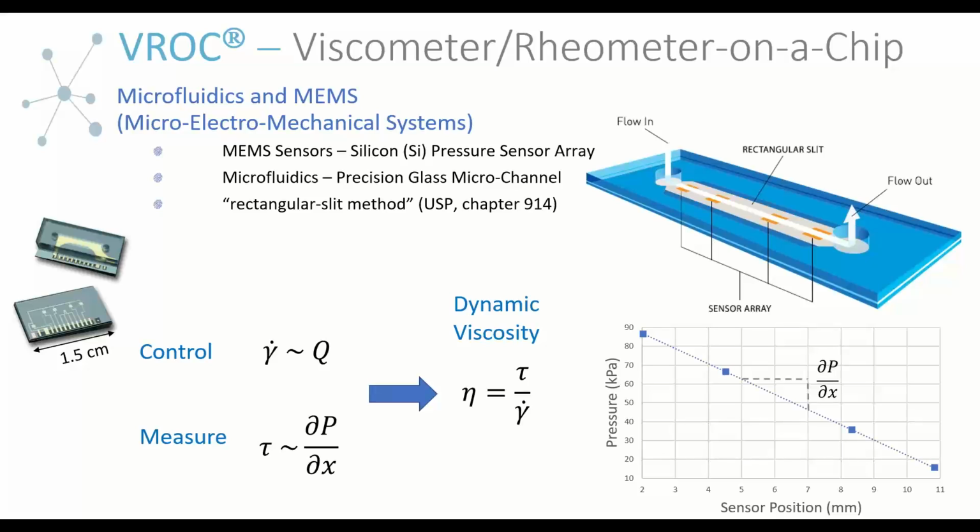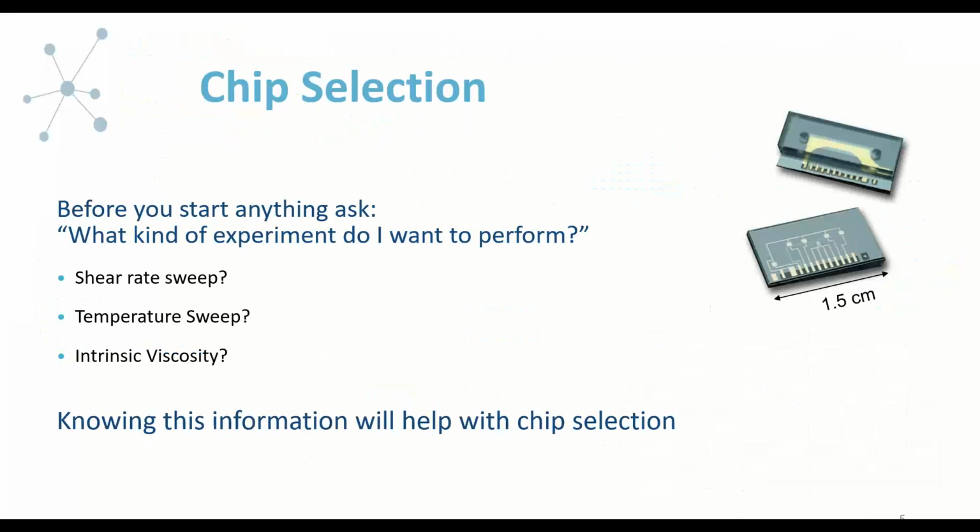For the purposes of this webinar, I'll be talking more from the perspective of the Initium 1 Plus, but this kind of approach is true for all of our instruments. When you're deciding which chip to use, what varies between our instrumentation really is which chip you're using.